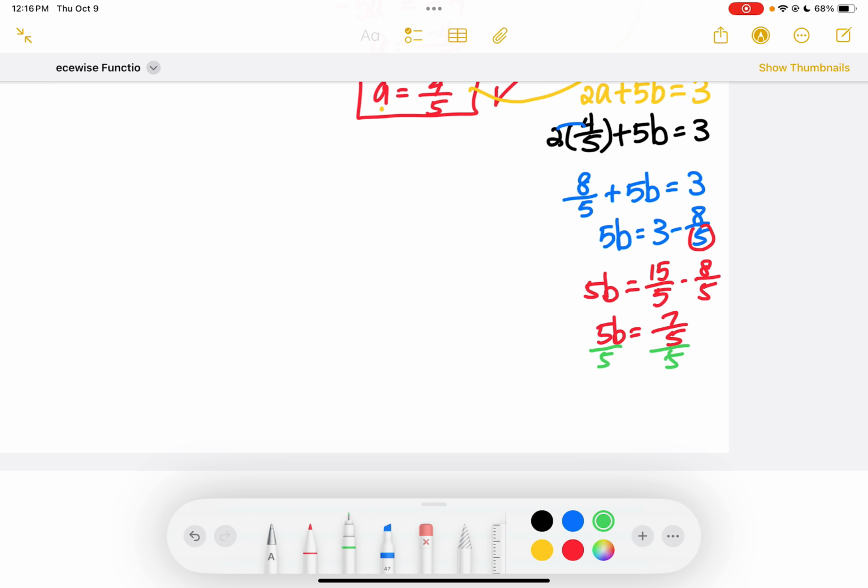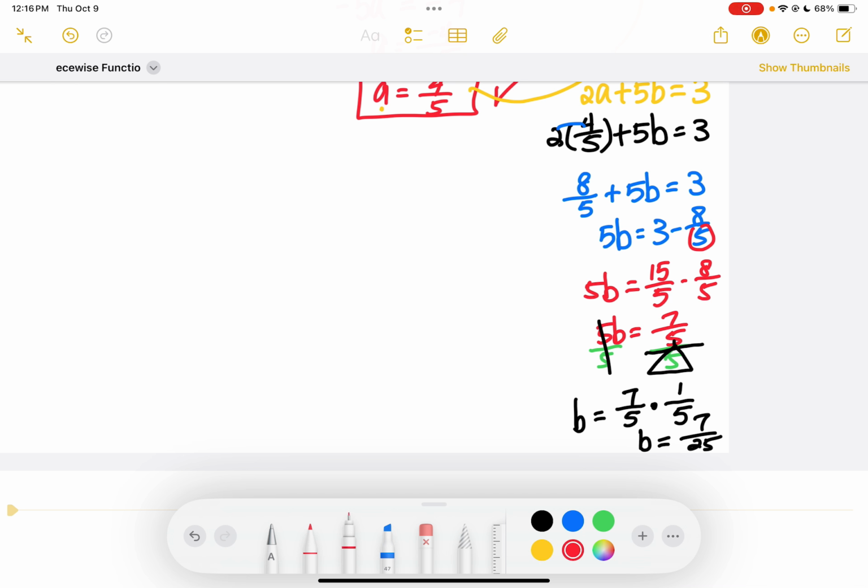Nope, no. So 5 and 5 cancel out, so I got b equal to 7 over 5. Divide means times. I'm going to upside down the 5. So 5 over 1, when you upside down, becomes 1 over 5. So aka my b value is equal to 7 over 25.